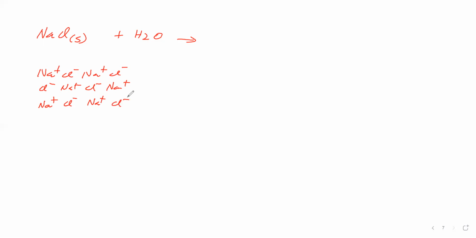Now we are adding water. Water comes near to this. Water acts as a dipole, so there is a partial positive charge here and a partial negative charge here. So between them attraction is possible. Due to attraction, Cl minus detaches from sodium chloride and goes to solution as Cl minus aqueous, that means hydrated Cl minus.